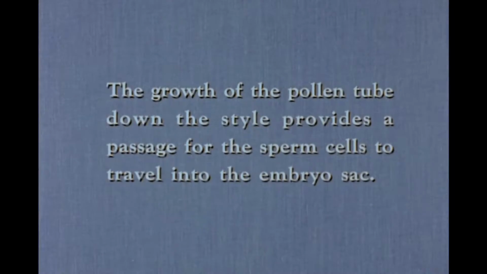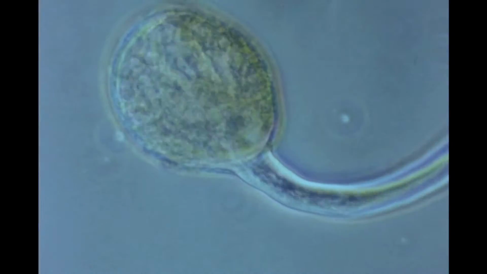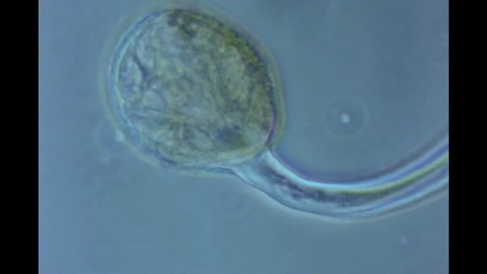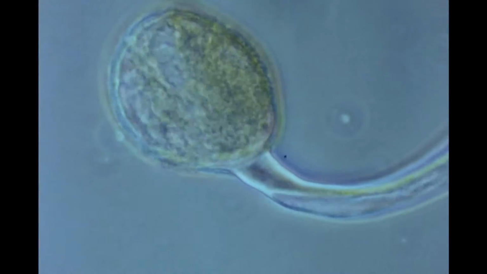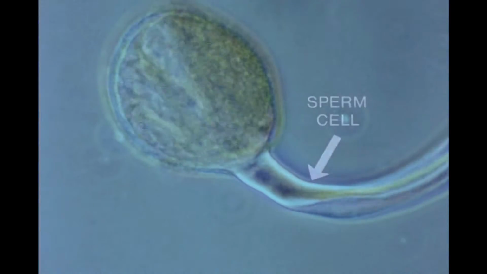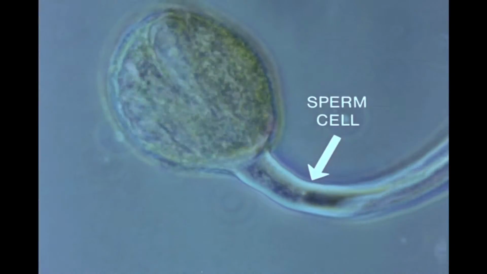The cytoplasm, the vegetative nucleus, and the generative cell migrate from the grain into the tube. The vegetative nucleus is slightly ahead of the generative cell. In the sequence which follows, only the generative cell can be seen moving in the cytoplasm.